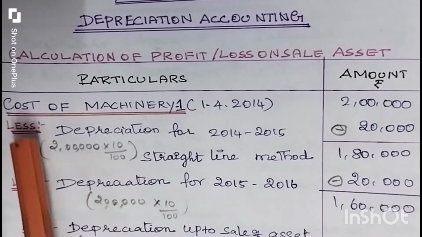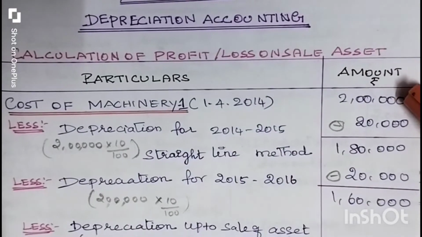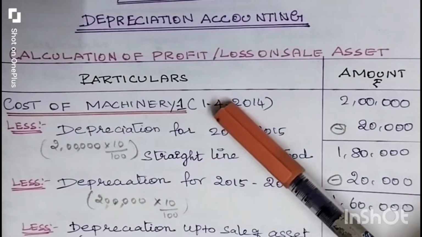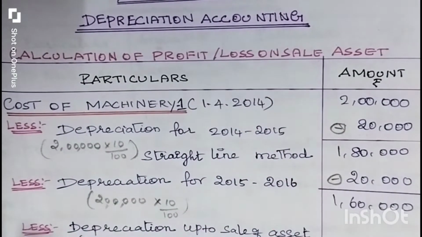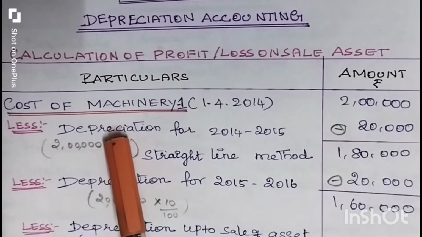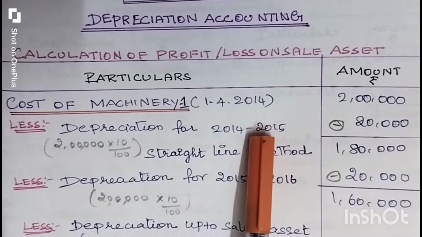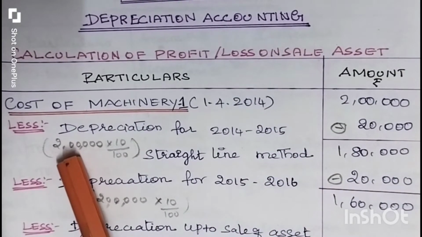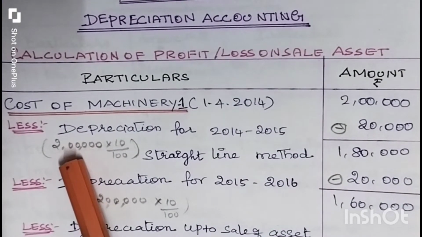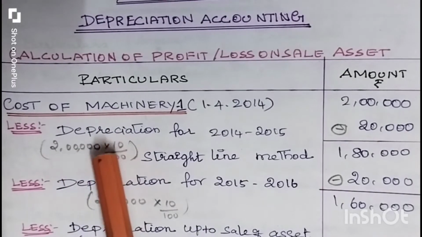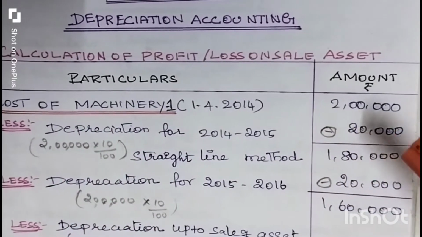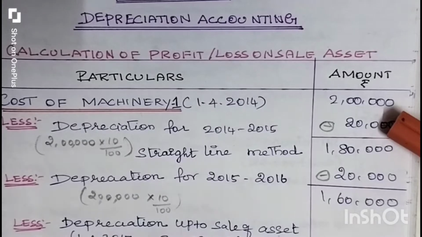The cost of the first machine is 2 lakhs rupees, purchased on 1/4/2014. We have to find the depreciation for 2014-15. The original cost of the machinery is 2 lakhs rupees, and the depreciation rate is 10%. After cancelling, you get 20,000.